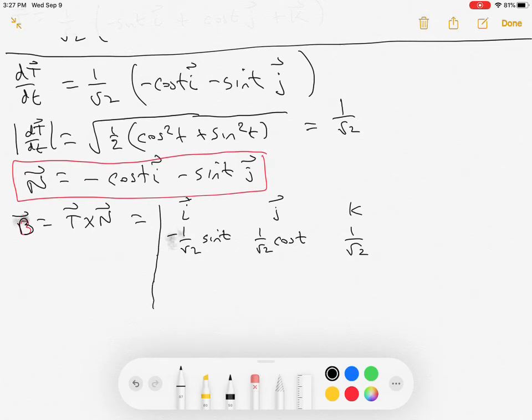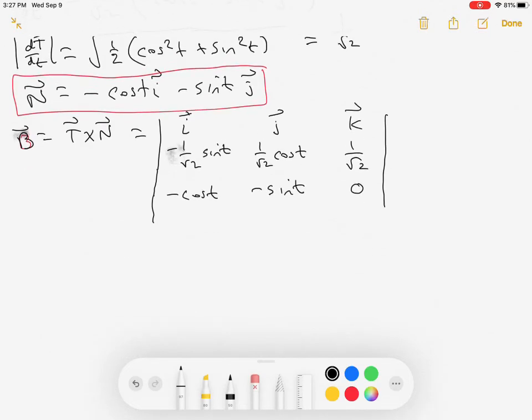There's T. And then N is minus cosine t, minus sine t, and 0 for k. Okay, that's a vector k.